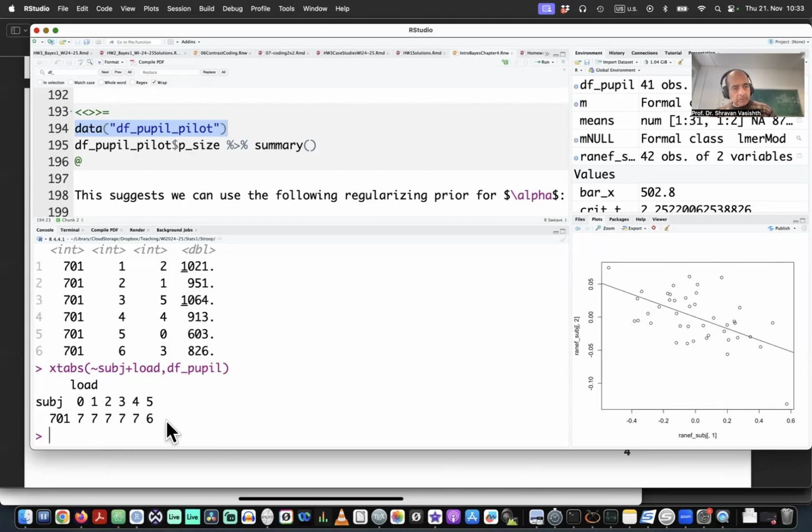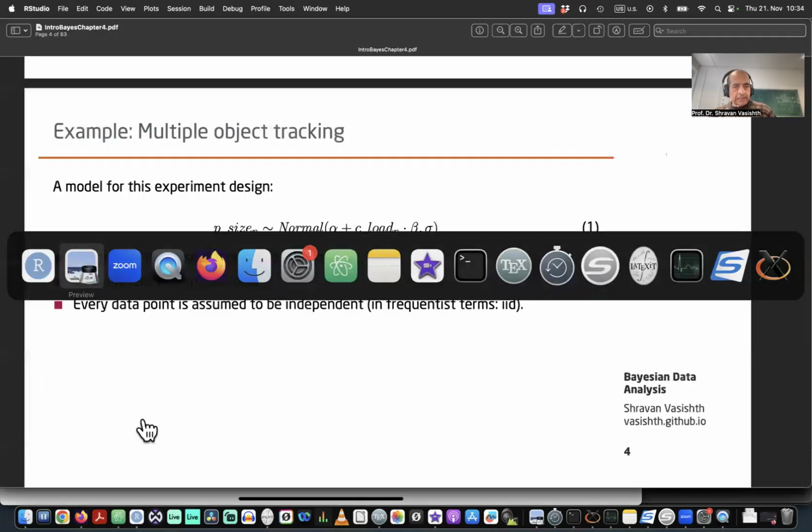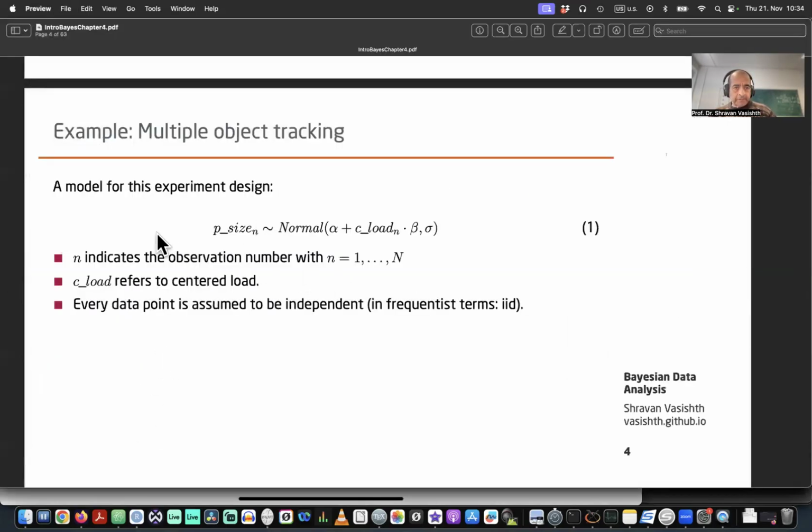So here I would be a little bit worried about treating the data as independent and identically distributed, but I'm doing it anyway, right? The reason is that we want to start simple. We know that this model is probably not correct. Maybe there is some structure in the data that we should be modeling, especially if we have multiple subjects.